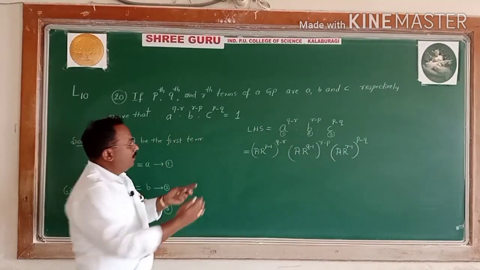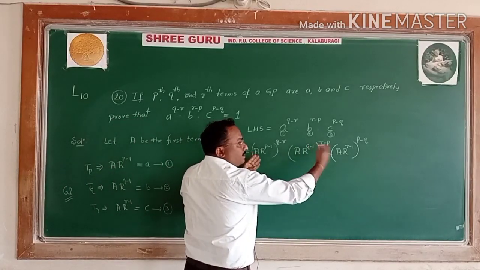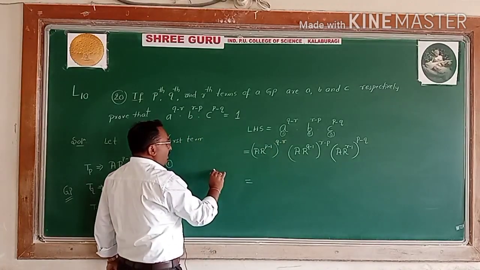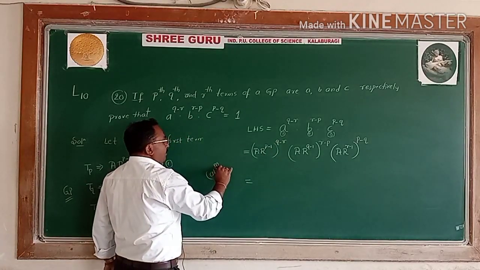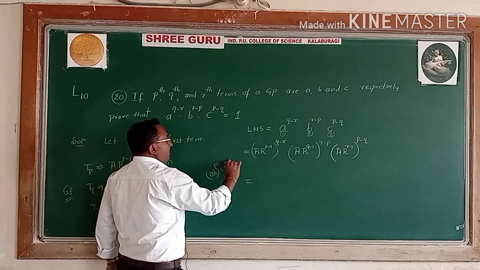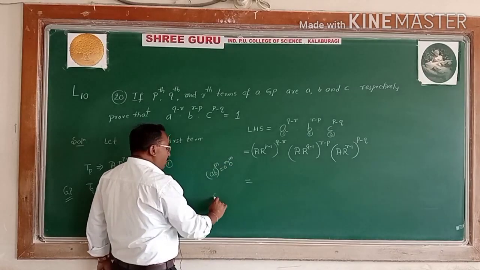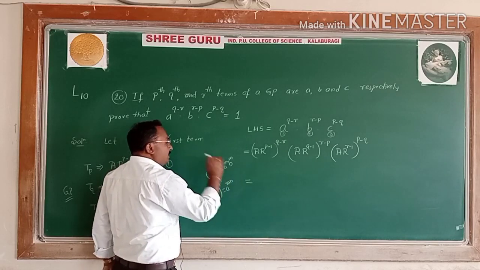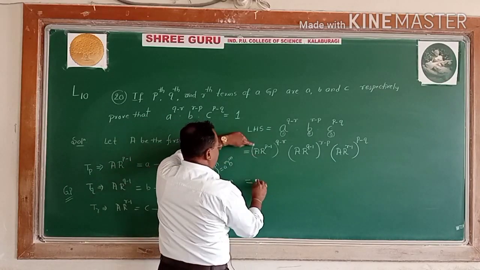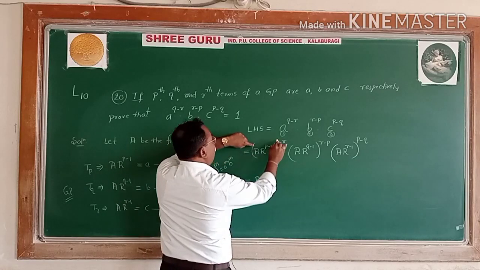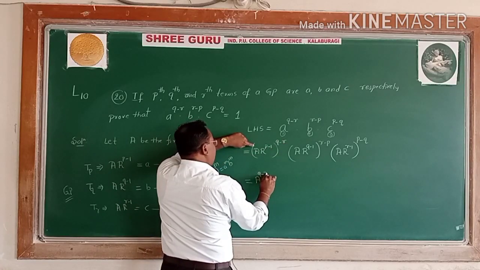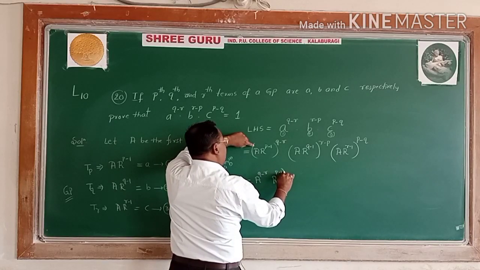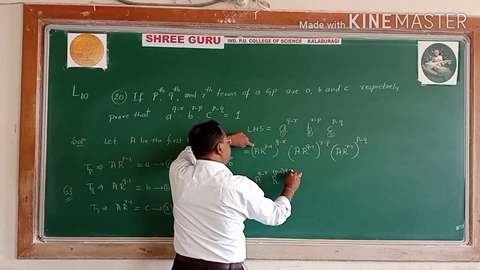Next, simplify. Separate A and R. By the formula (AB) whole power m can be written as A power m B power m, and (A power m) whole power n can be written as A power m into n. Here A power q minus r, R power p minus 1 into q minus r.